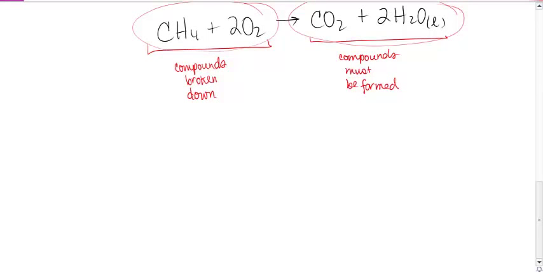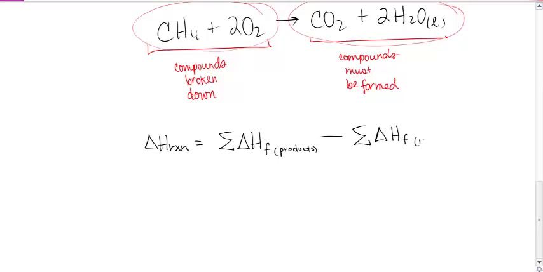So here's a clever little formula. If you want to find the heat of reaction, you take the sum, the mathematical sum, of the heats of formation of the products minus the sum of the heats of formation of the reactants.